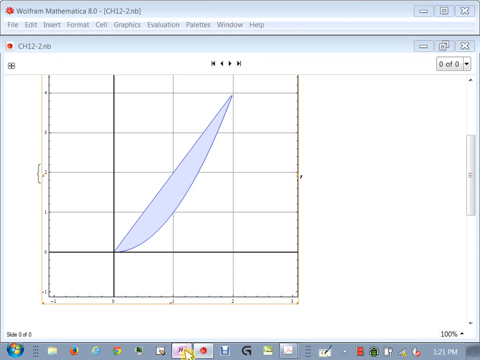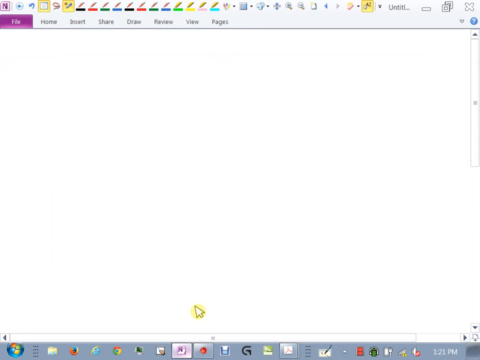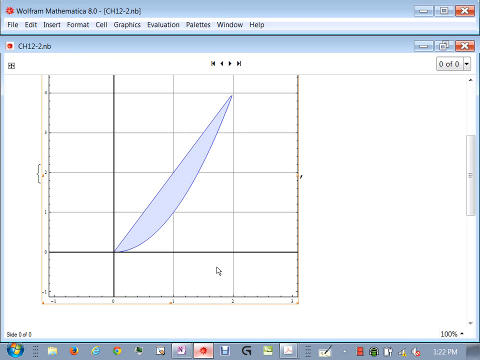So let's just set up the double integral for this one. All right, is that fair? Just set it up. So what's the restriction on x? What's the restriction on y? I should say it that way. 0 to 2 on x. And then y, it looked like the line was on top, right? So the line was 2x, and then the parabola was on the bottom, which was x squared.